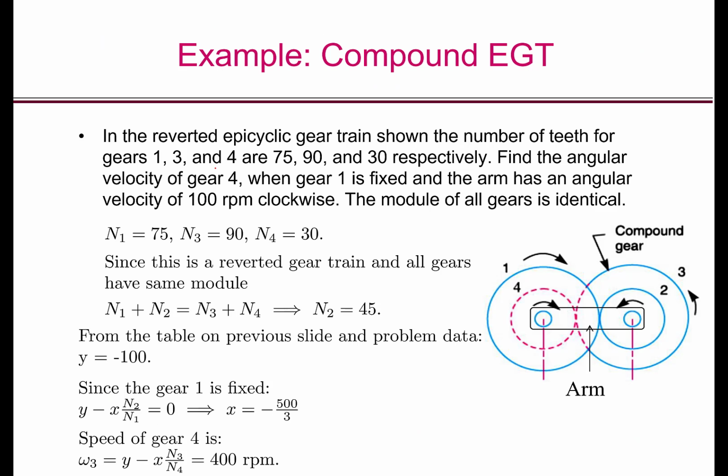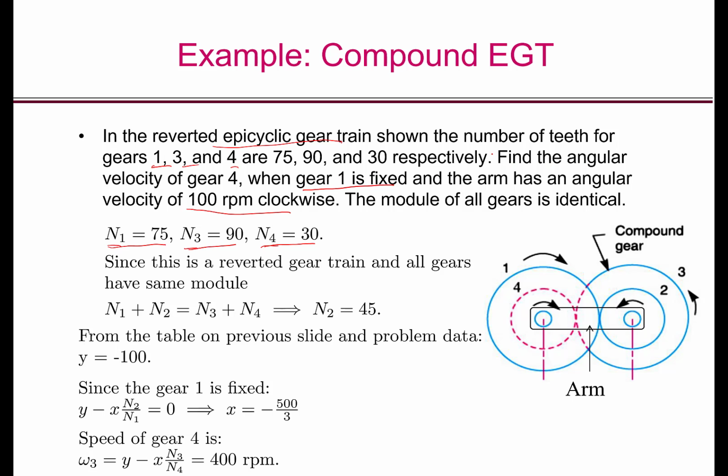So let us consider this example here. We have a reverted epicyclic gear train where the number of teeth for gears 1, 3 and 4, that is N1, N3 and N4, are 75, 90 and 30 respectively. We are also given that the arm has an angular velocity of 100 rpm clockwise and gear 1 is fixed, that is, its velocity is 0.